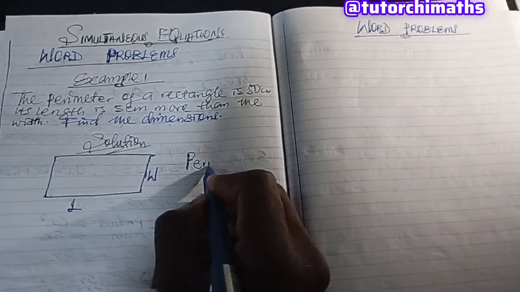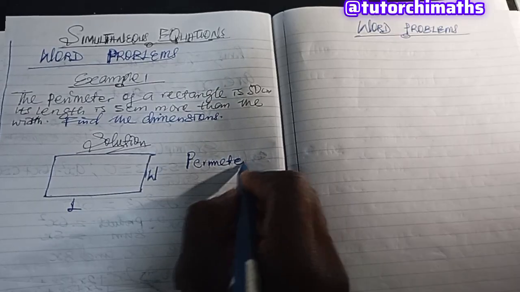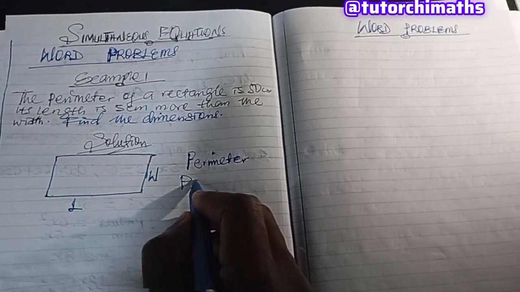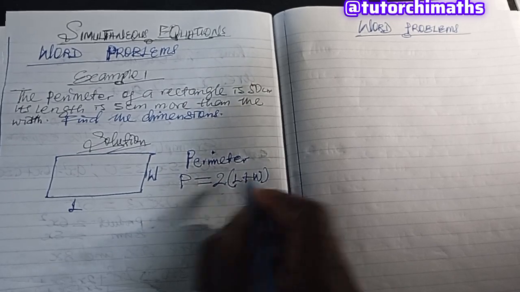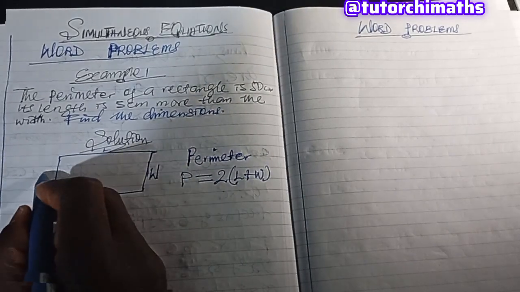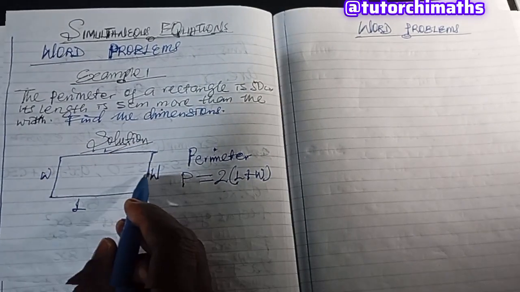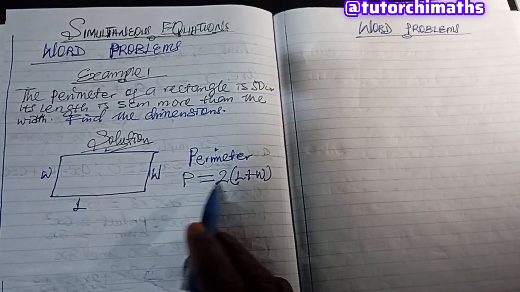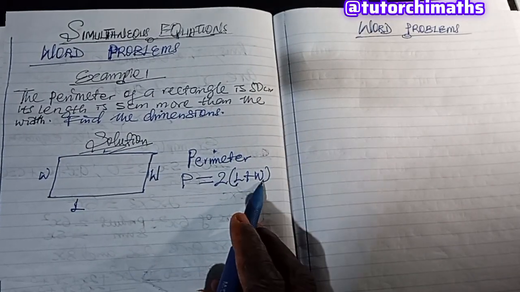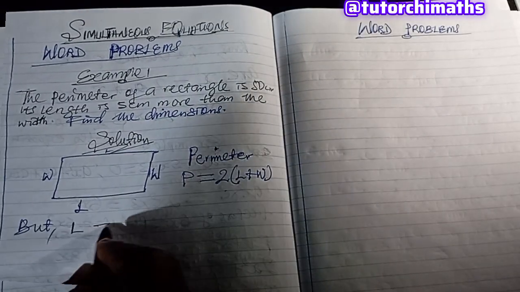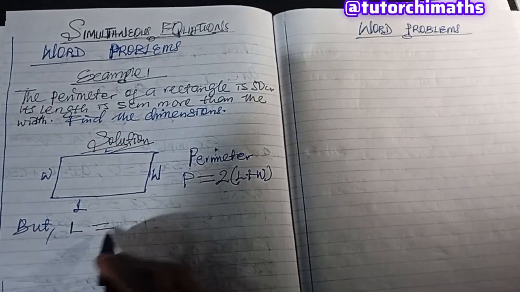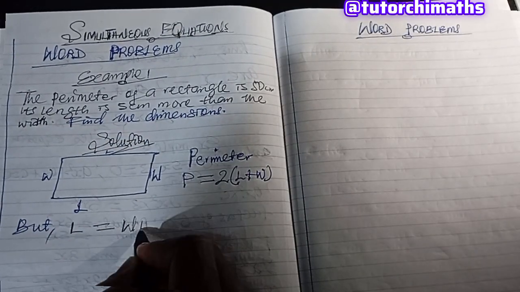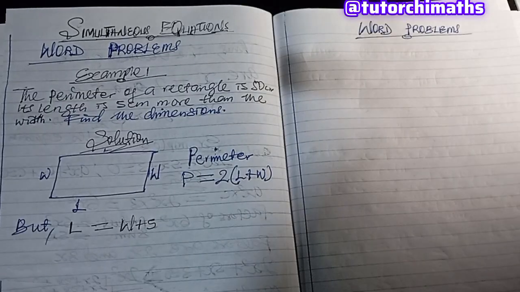The perimeter P is equal to 2(L + W), because here also is L, here is also width W, so 2W and 2L. The length is 5 cm more than the width, so L is equal to W + 5.